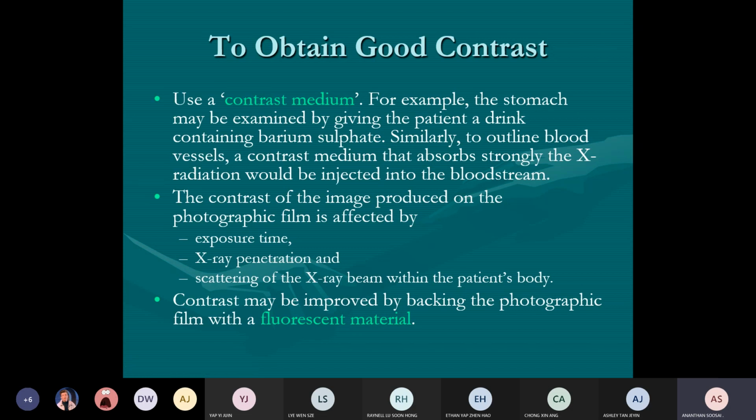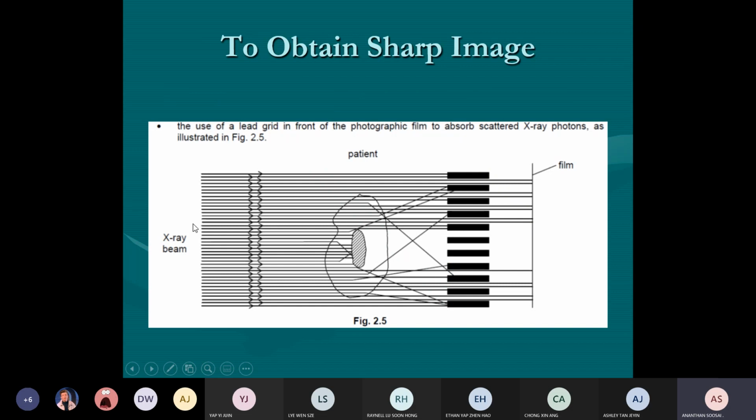Actually, there are three factors that affect contrast. If you want to raise the contrast, the first one is the exposure time. You expose the X-ray to the patient for a longer period of time. The region where the X-ray strikes the most, the soft tissue, becomes darker and darker because a photographic chemical reaction happens.